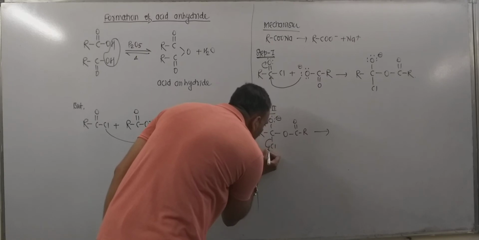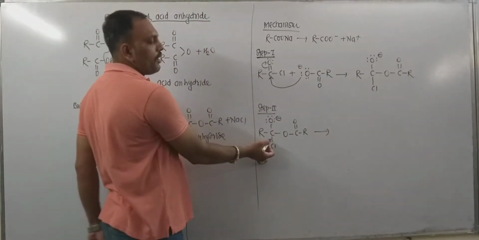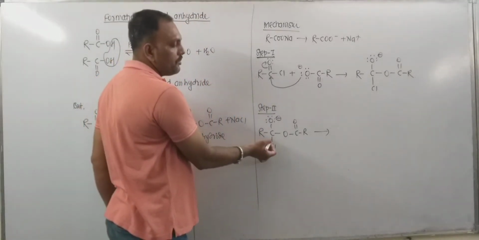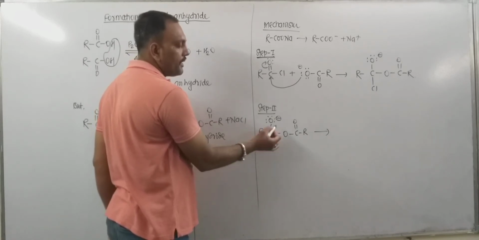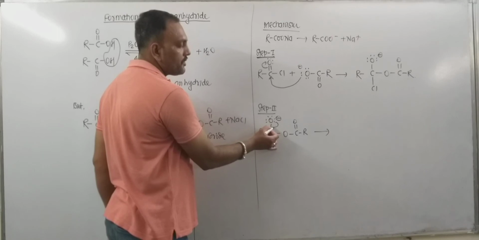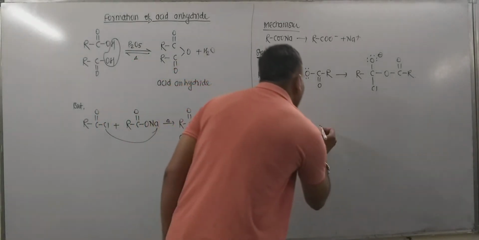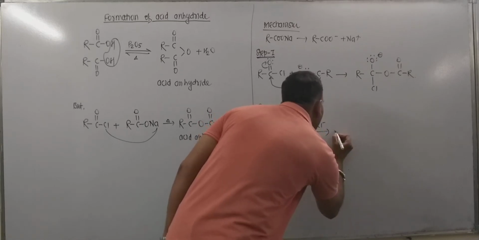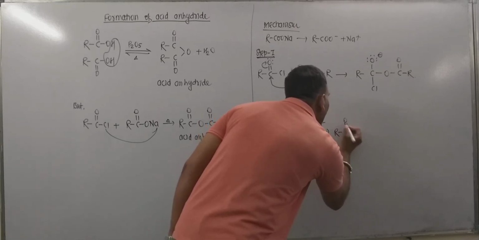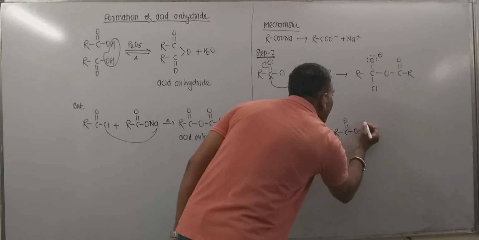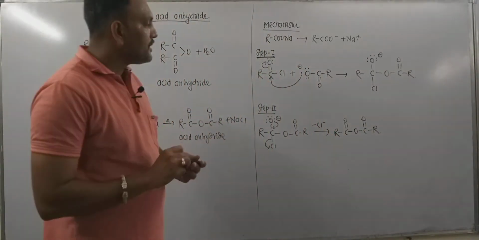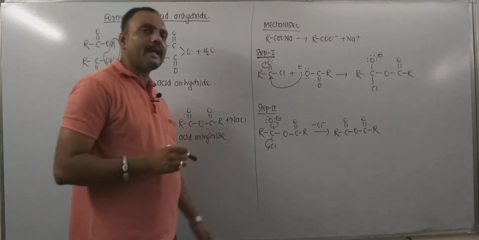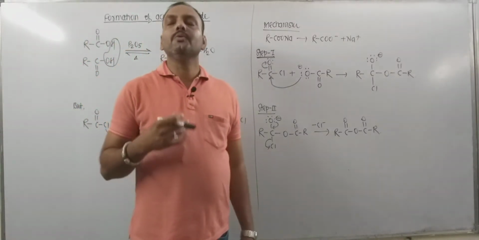This chlorine, along with the pair of electrons of this bond, as chlorine is more electronegative than carbon, departs in the form of chloride ion, and this oxygen shares its electron pair with this carbon. So that leads to the departure of chloride ion and the formation of our product, that is, acid anhydride. So in this way, the mechanism of this reaction can be explained. Thank you very much.